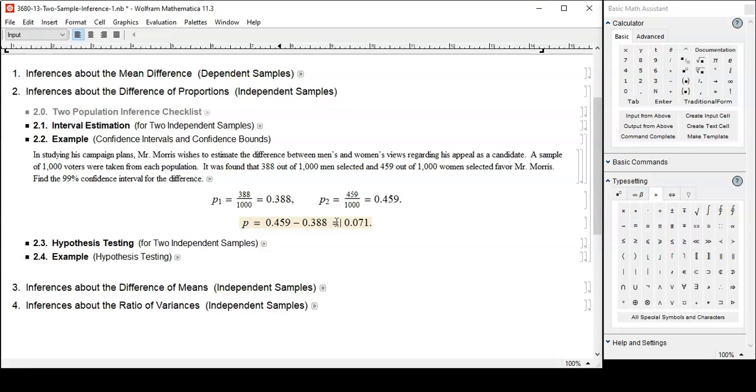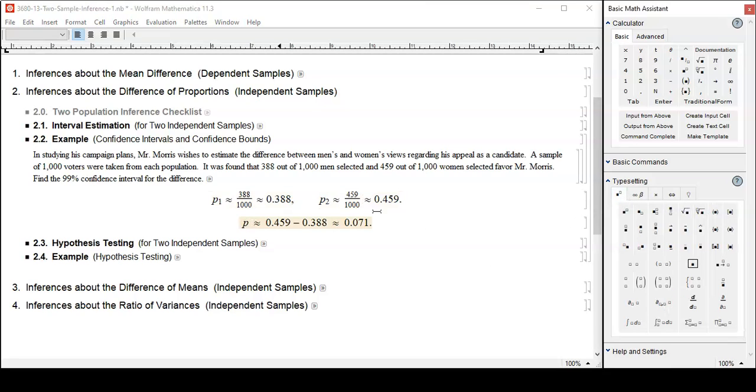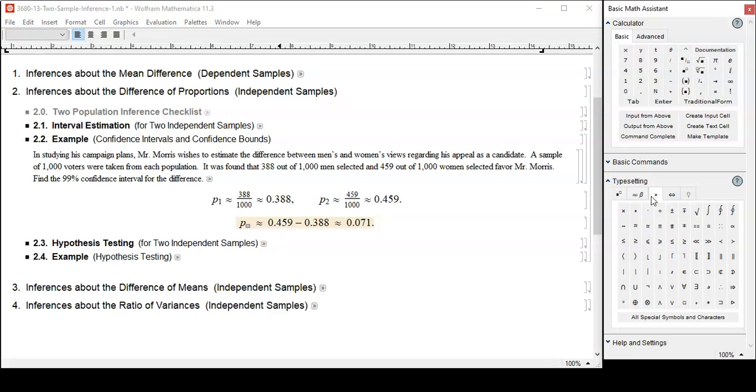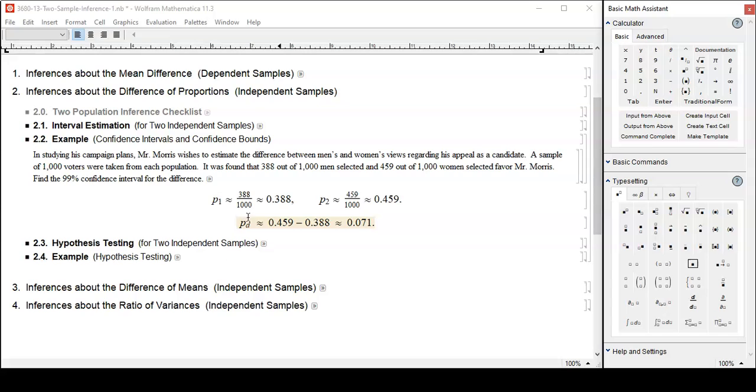Nothing is accurate in statistics, so let me use the approximation symbol everywhere. And this is the proportion of the difference. If you want to be really precise, you can use a proportion for the difference, so let's use D for difference. But, oh, come on, I'm not going to bother with this. I'll simply use P.